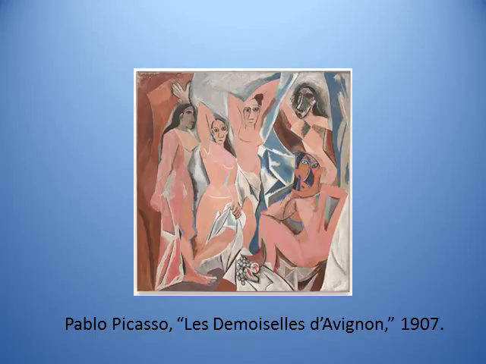Okay, this is Pablo Picasso, painting in 1907. You can see how this is new and totally different from what came before it. Now, this painting is in your book, and I'm not going to recreate what's underneath it because it does a very good job of explaining what is modernist about this painting.